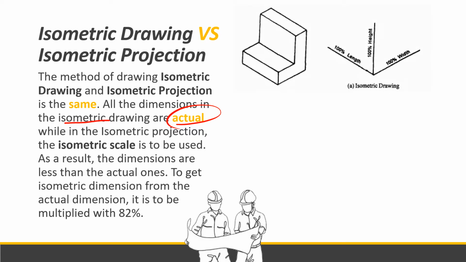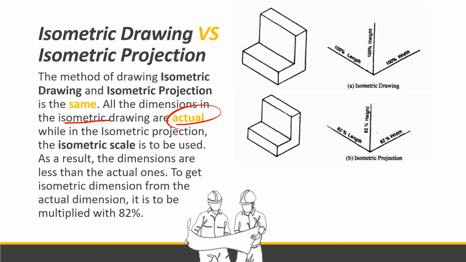In an isometric projection, the actual length is reduced to 82% of its measurement. So say if the actual length is 100 mm, in the isometric projection it is 82 mm.